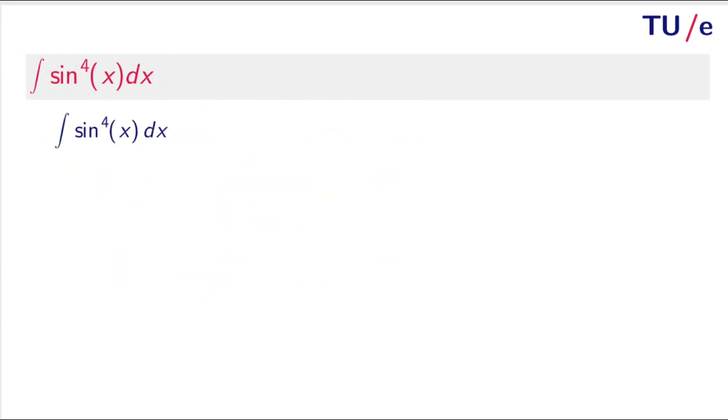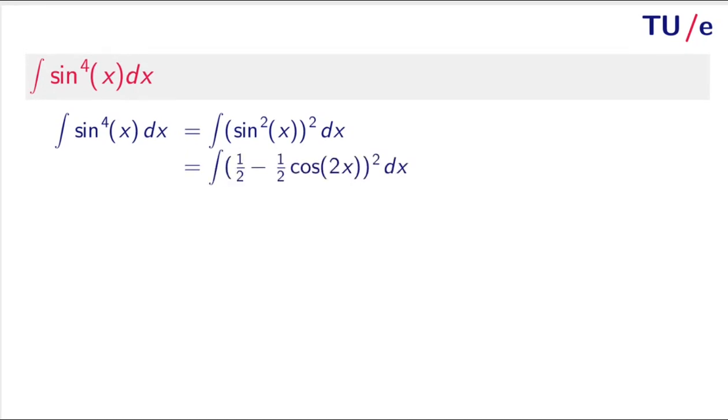But what about higher powers? Suppose sine to the power 4 of x dx has to be integrated. Then that is of course sine squared of x, squared, dx. And now we can replace sine squared of x by a half minus a half cosine 2x and find the following integral.